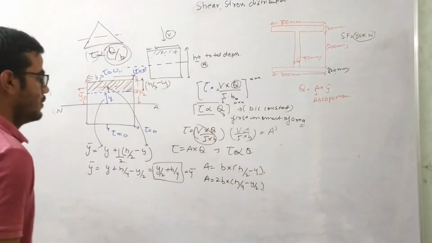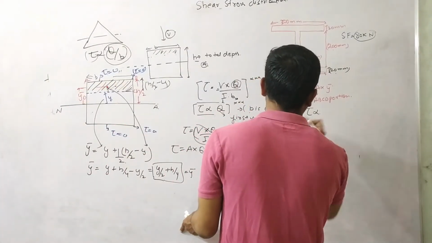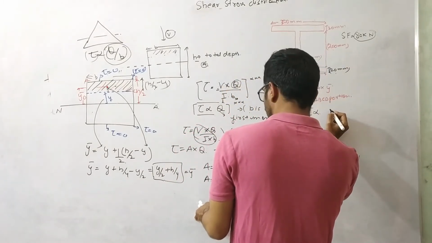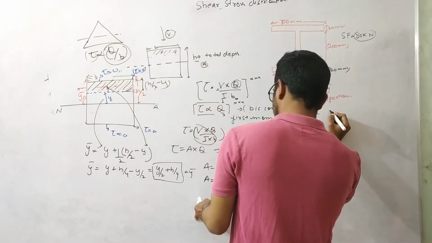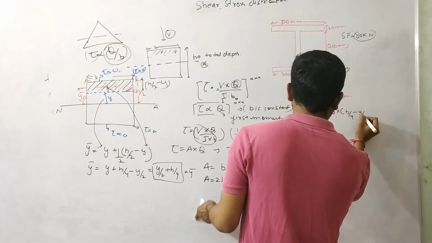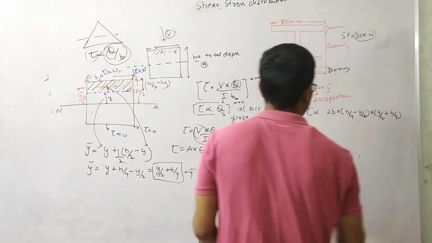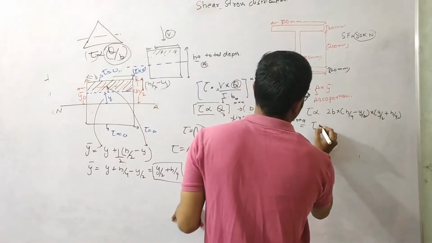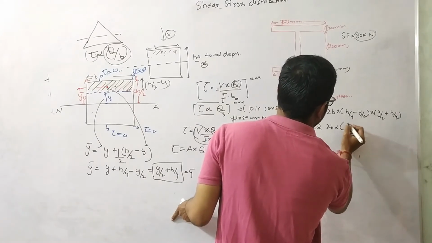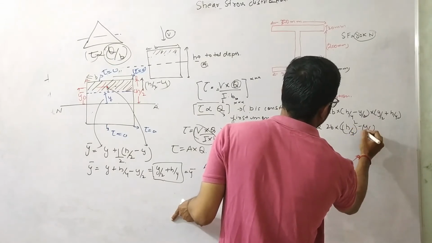So now tau is directly proportional to A into y bar, where A is 2b into (h by 4 minus y by 2) and y bar is y by 2 plus h by 4. You can also write tau is directly proportional to 2b into ((h by 4) whole square minus (y by 2) whole square).